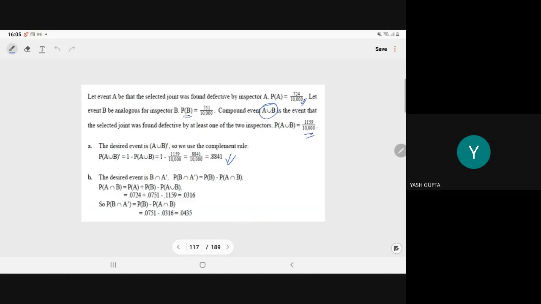So the desired event is B intersection A dash. The probability of B intersection A dash is P of B minus P of A intersection B, and P of A intersection B is P of A plus P of B minus P of A union B. From the given information, we compute P of A intersection B as 0.0316 and the required probability as 0.0435.